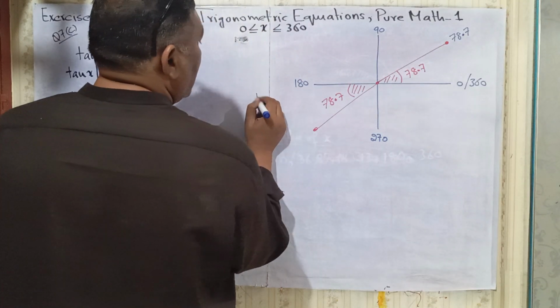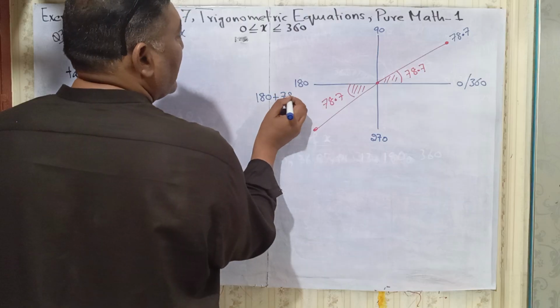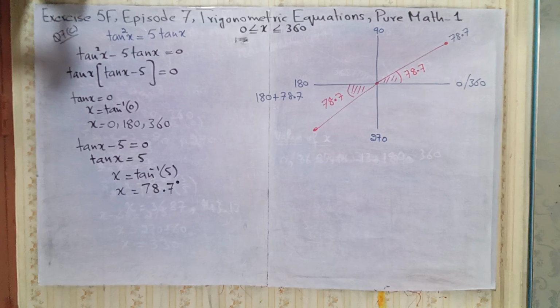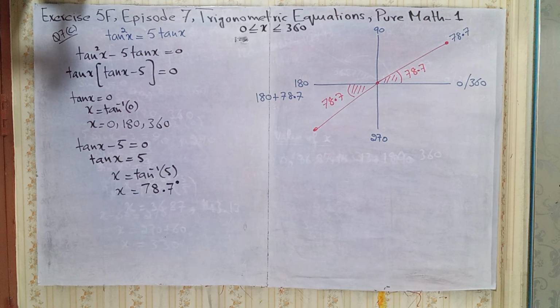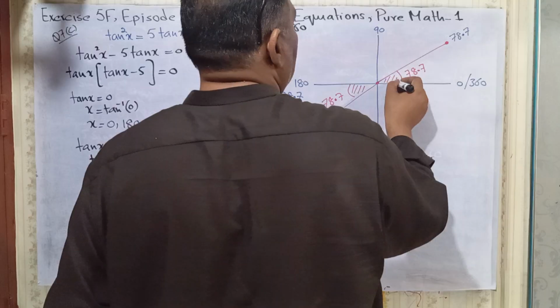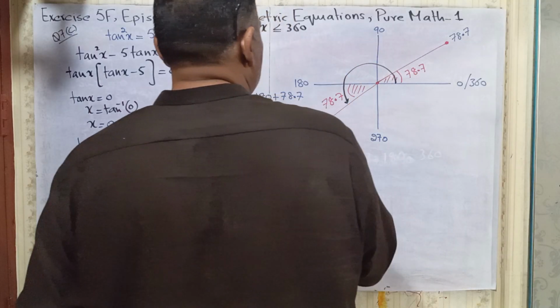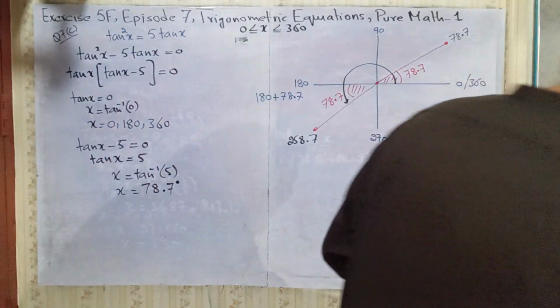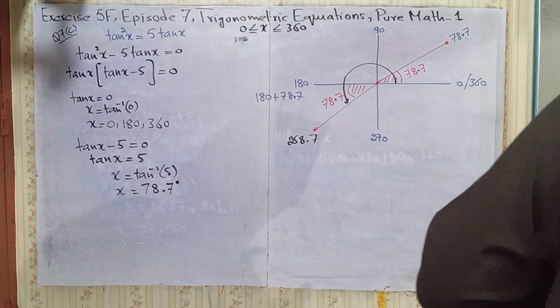This angle will be 180 plus 78.7. So you can use your calculator to find this answer. 180 plus 78.7, and that is equal to 258.7.